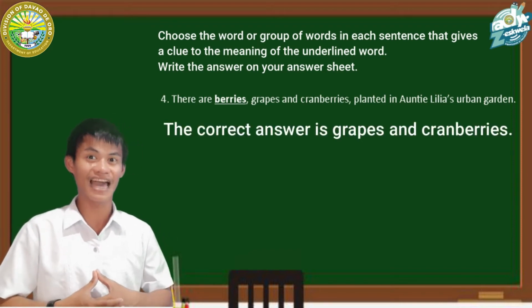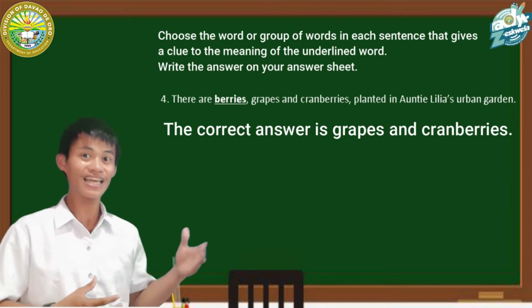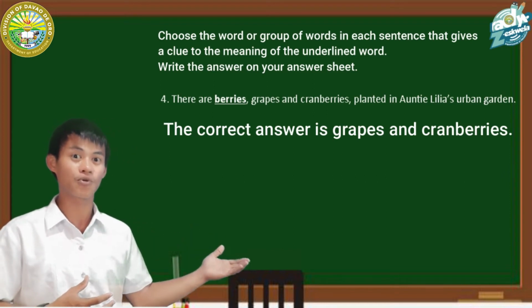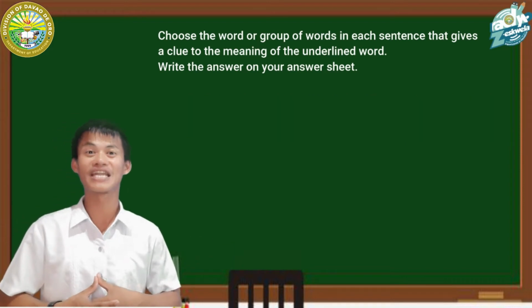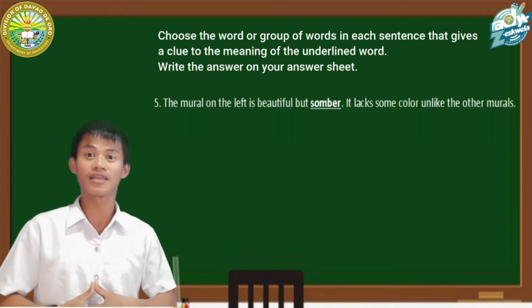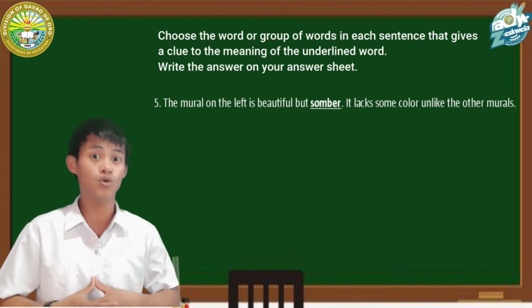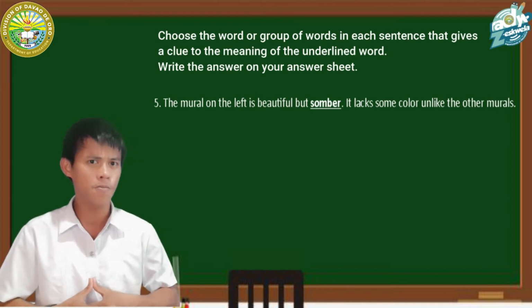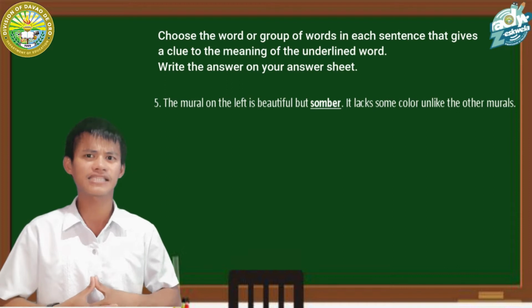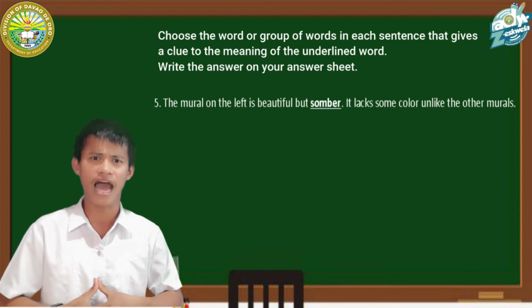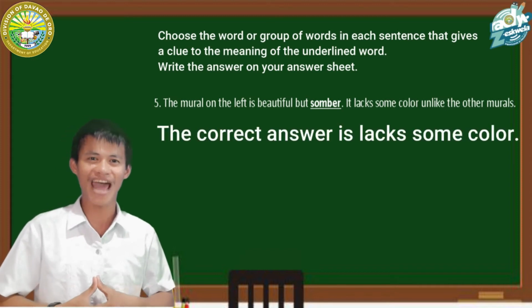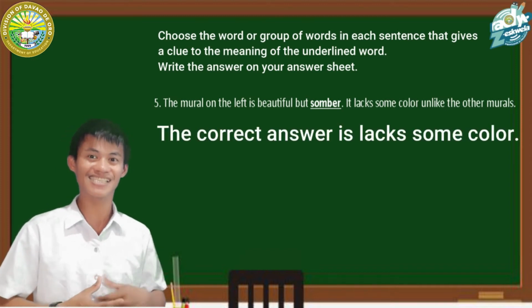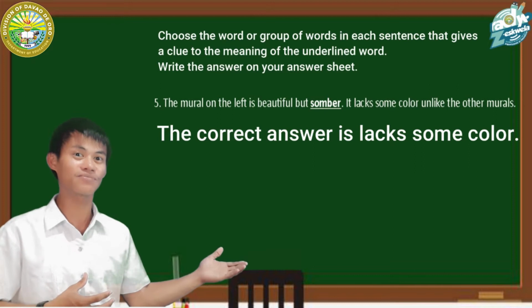The correct answer is grapes and cranberries. Number 5. The mural on the left is beautiful but somber. It lacks some color unlike the other murals. The correct answer is lacks some color.